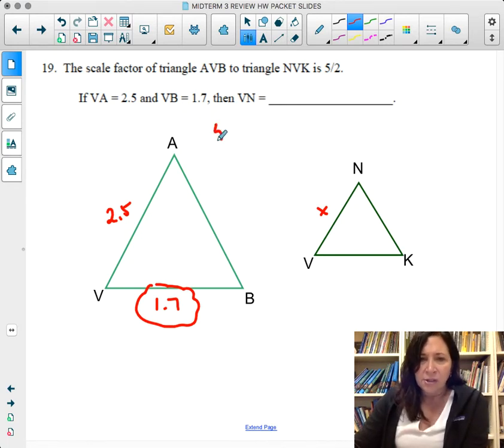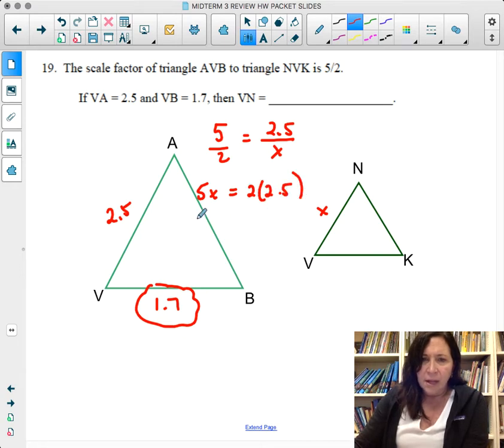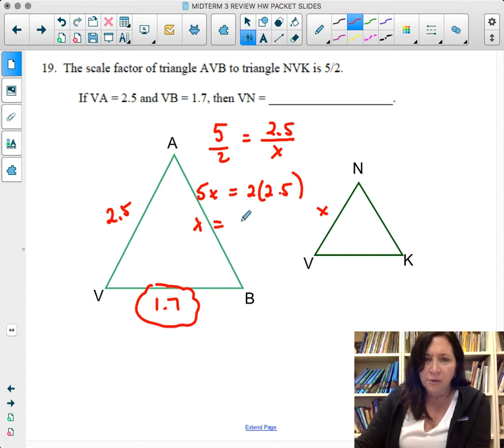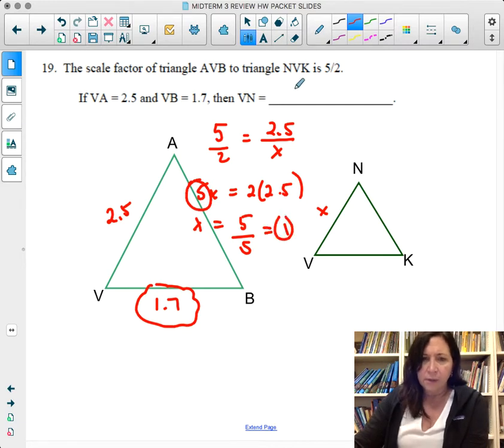So basically, you're just going 5 is to 2 as 2.5 is to x. And then you just cross multiply. 5x is equal to 2 times 2.5. And so you have x is equal to 2 times 2.5, which is 5, divided by 5. And that equals 1. So my answer is 1.